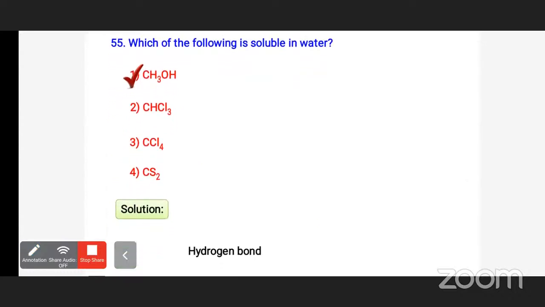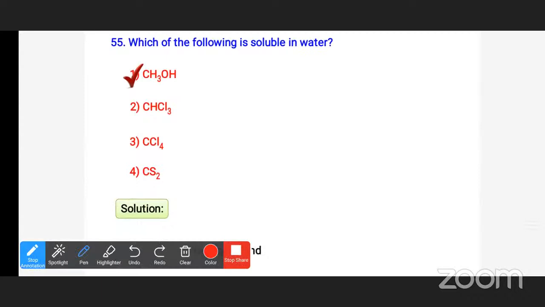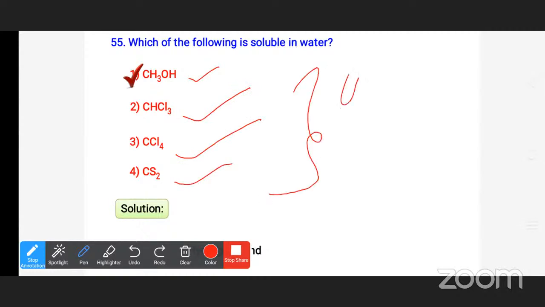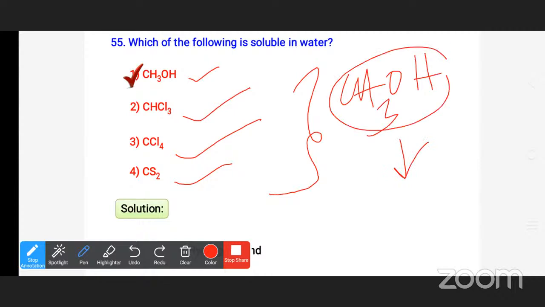Which of the following is soluble in water? Methyl alcohol, chloroform, carbon tetrachloride, carbon disulfide. In the above 4 options, methyl alcohol CH3OH is soluble in water because of the presence of hydrogen bonding.